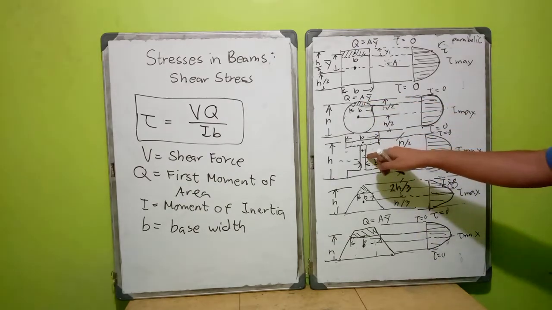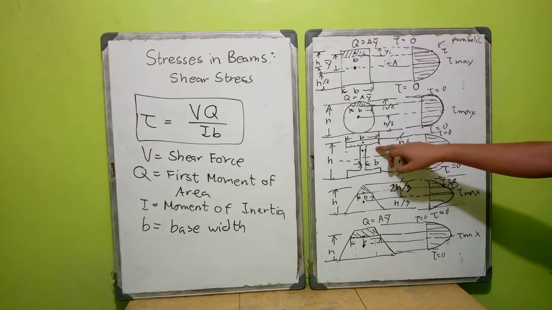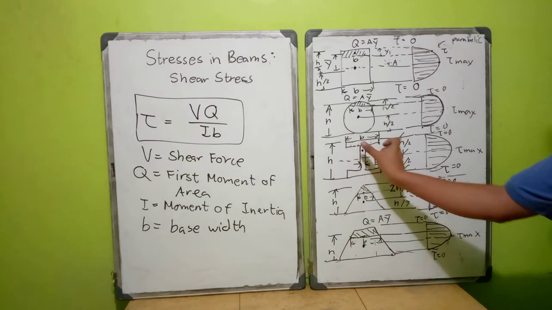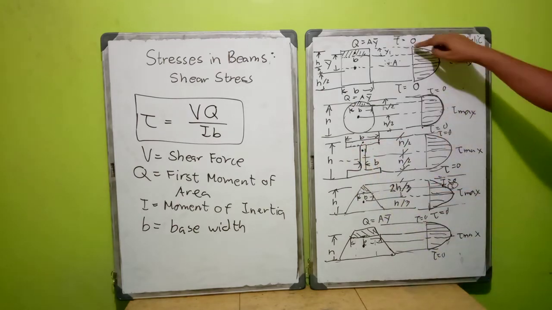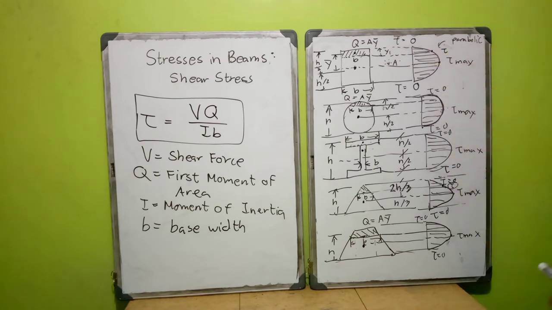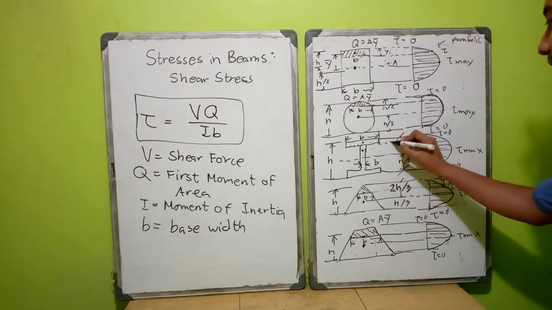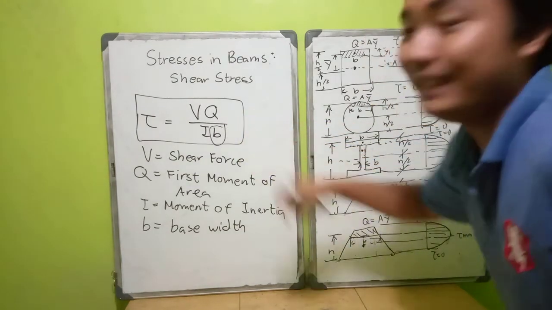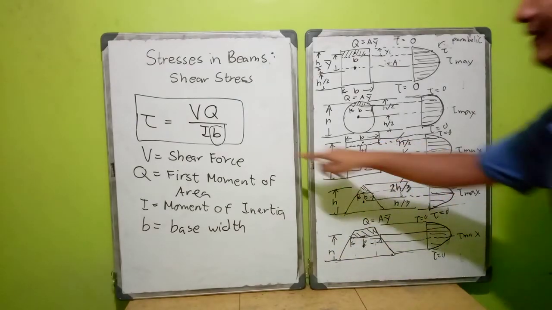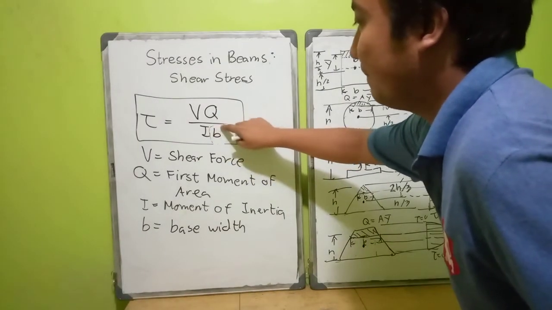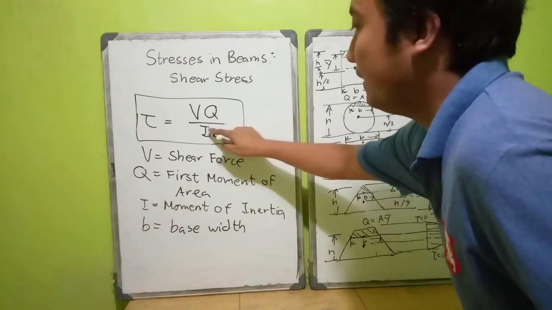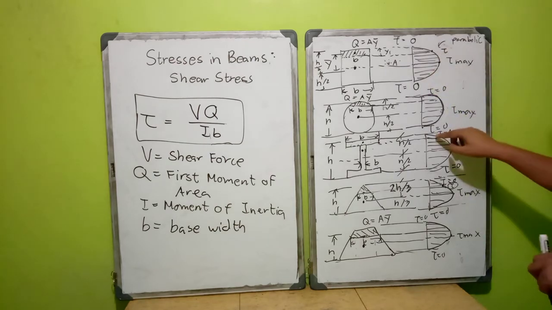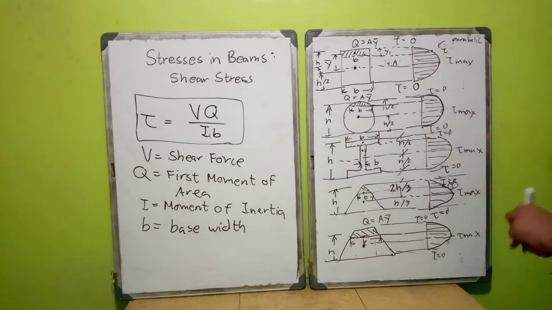For the I-beam, I would like to clarify, since the B at the web is large, there is a possibility that it will be a parabolic curve, but these portions at the side would decrease so much because the B here is larger than at the flange. So what will happen, it would be similar to parabolic, but this portion will be very small.